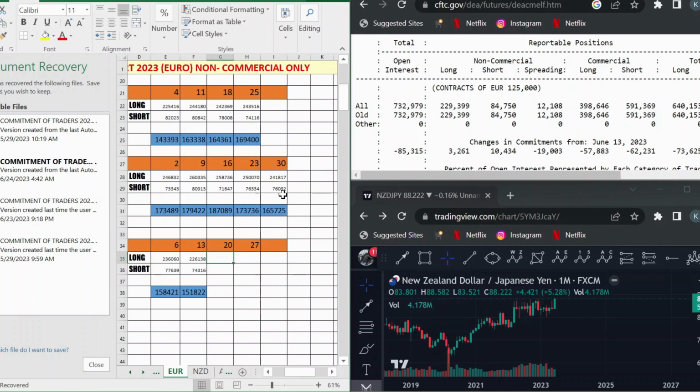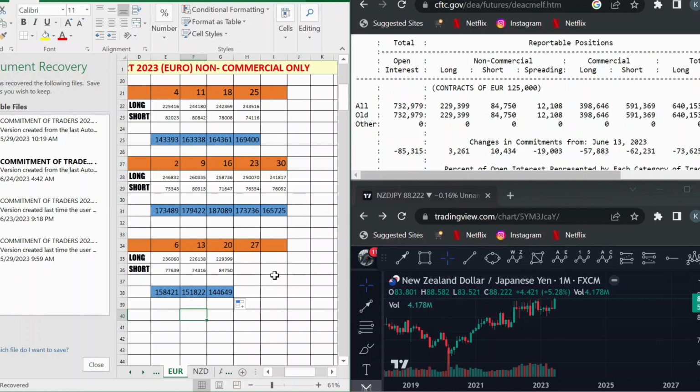The shorts are 84,750. So the net long difference is 144,000. The last week we had 151, the previous one 158. So it's still average, more or less the same.